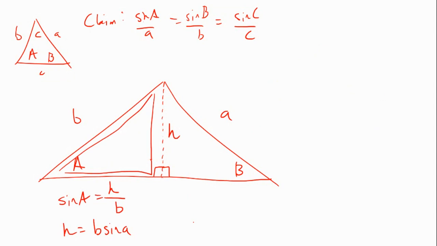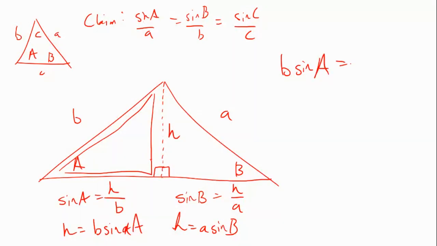However, in the right triangle, if I take the sine of B, I get H over A, which tells me that H is equal to A times the sine of B. But they're both H. So if two things are both equal to H, they're equal to each other. So B times the sine of, sorry, I should use capital letters for angles.